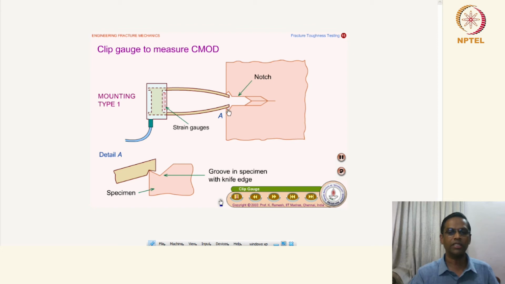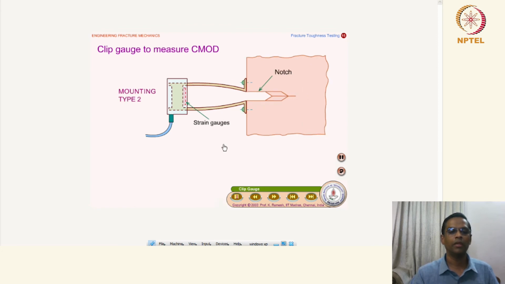The gauge is fixed here, and this is a mounting type, and this is a chevron notch. This is a close-up view of how the gauges are fixed. Now we will see how the data is collected.